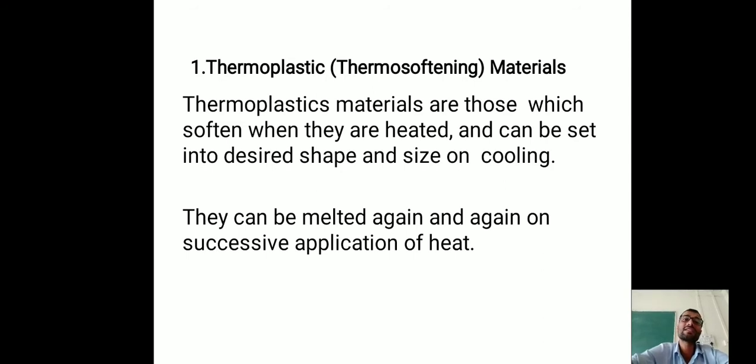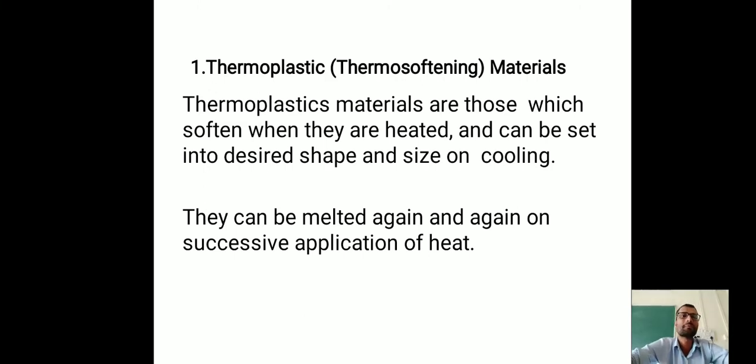Means these materials can be melted again and again on successive application of heat. Thermoplastic, thermosoftening. Means if we supply heat, the material gets soft. If we cool this material, it gets hard. Again, if we supply heat, it gets soft. Cooled, it gets hard.